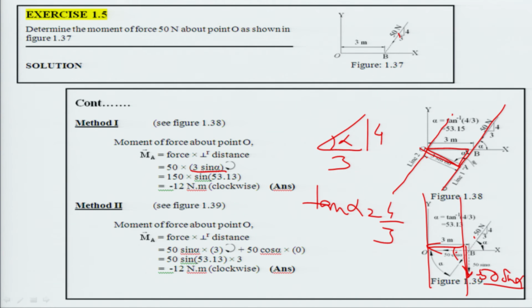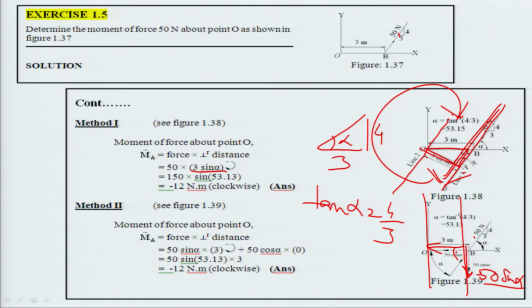One more thing: with the sign convention, the moment can be positive or negative depending upon the rotation. When this force is acting in this direction, the line of action of the force is this. So, about O, this force will try to rotate in this direction.